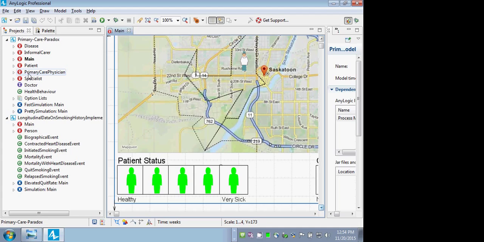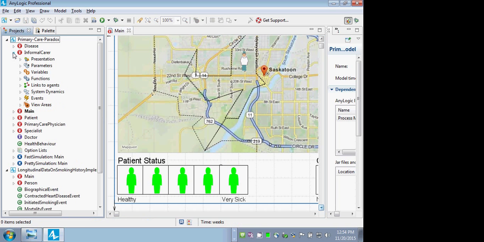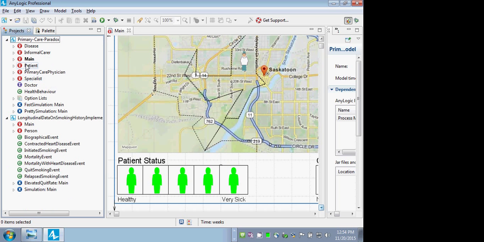So Dylan put in this informal caregiving network here that accompanies a primary patient, and that serves to mediate the effects on that patient's health status associated with some of these interactions with primary care physicians, etc.